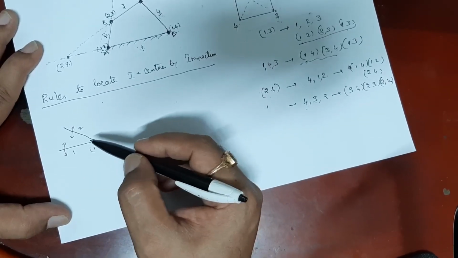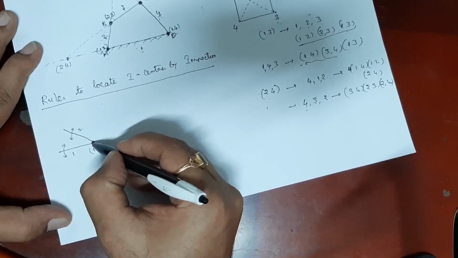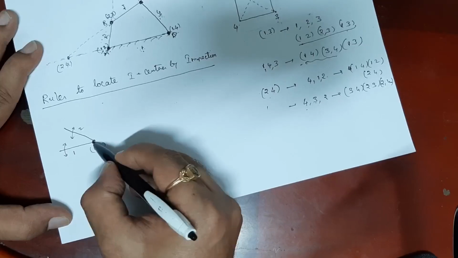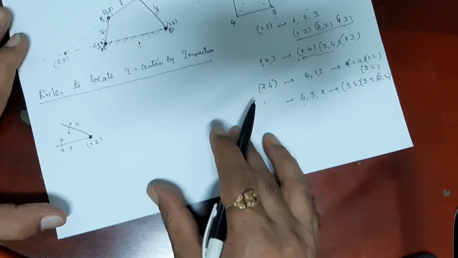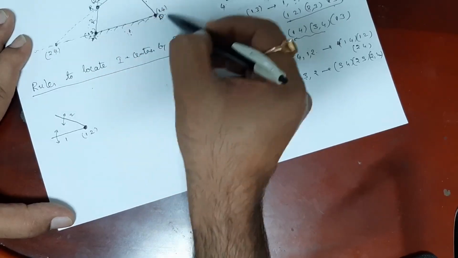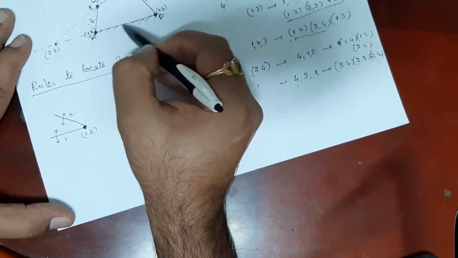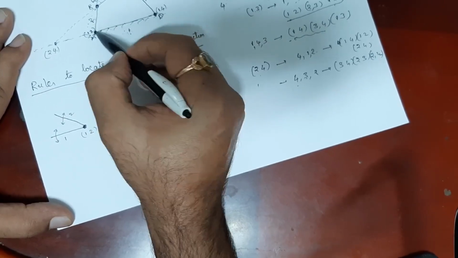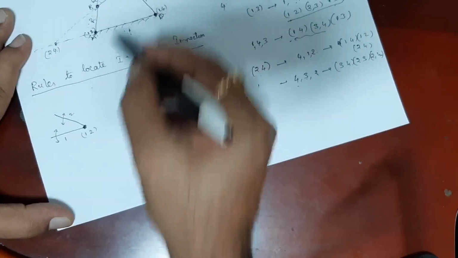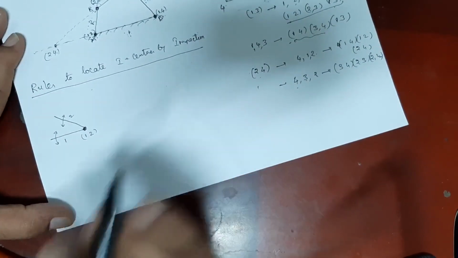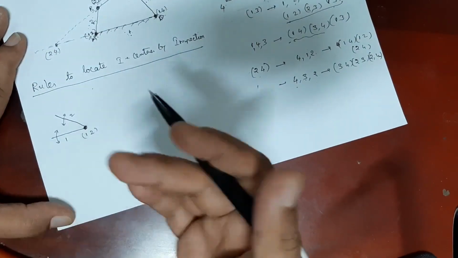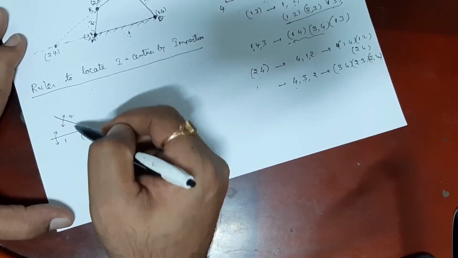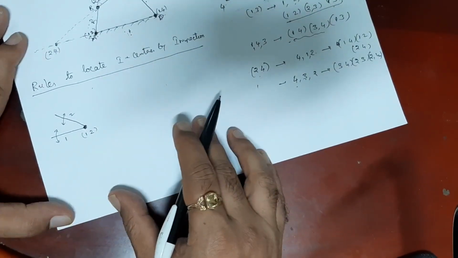This is a general rule: if there is any pivot joint, the I center is at the pin joint between the links having relative motion.